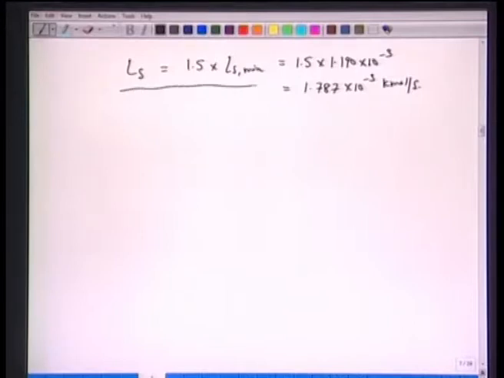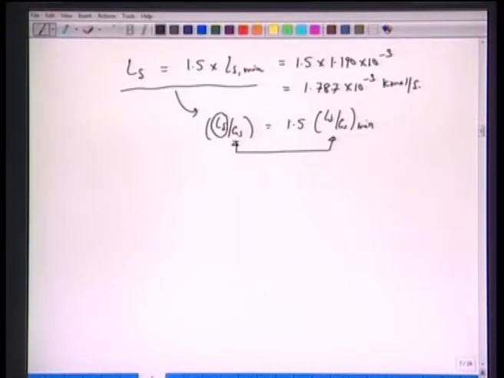Right, writing this is same as saying that slope Ls by Gs equals 1.5 times Ls by Gs min. Why? Because Gs is the same, so they are the same. So, it is only Ls which we are trying to find out based on this minimum condition. So, either you go by this or you go by this. Try to understand it graphically.